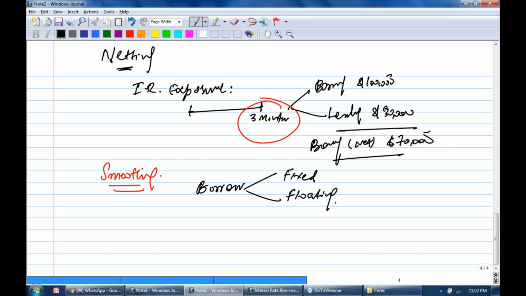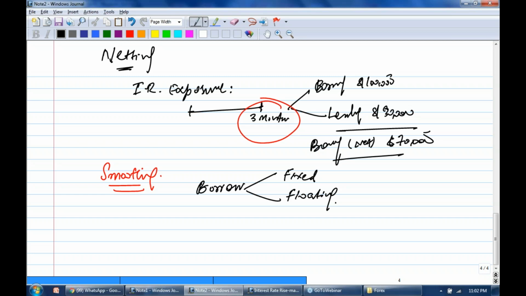I'm giving you an example of long term. For example, you have borrowed the amount for 4 years with a 7% fixed rate. So in 4 years' time, if the interest rate fluctuates in the market, it will not hit the fixed rate. For example, the interest rate moves to 6, 7, 8, 9. Your 7% is fixed.